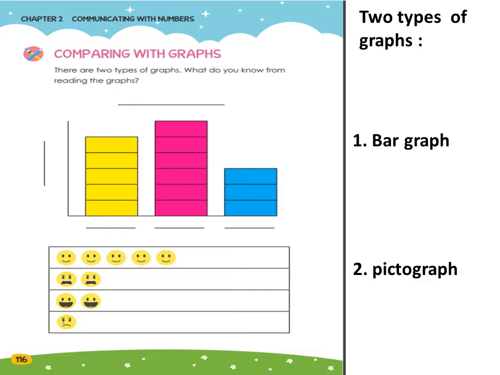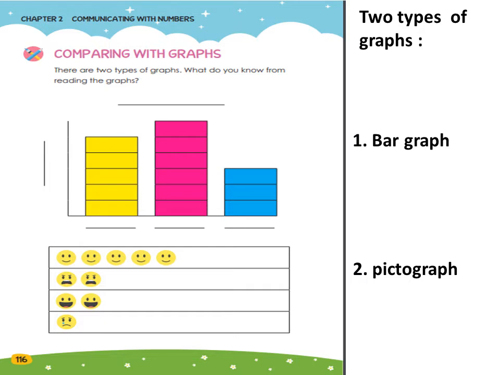Okay, look at the first graph that has bars. It has yellow, pink, and blue. Does it make sense? Do you understand anything from this graph? No, you don't. Why? Because it doesn't have any information. I don't know what this graph is about or what question I answered. There's something missing in this graph that can tell me what it is about.